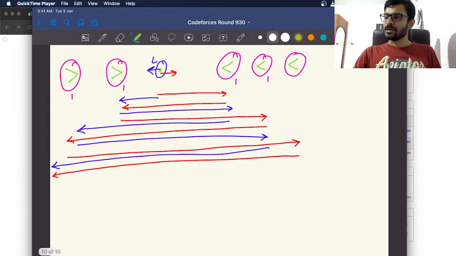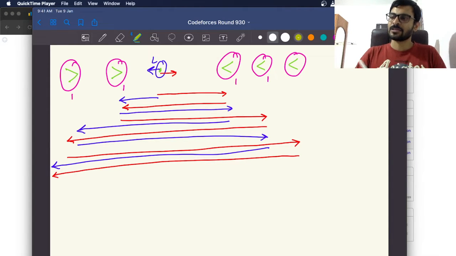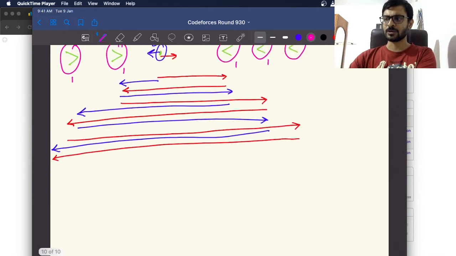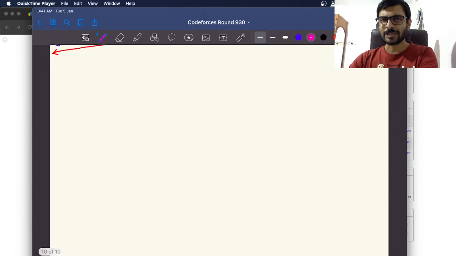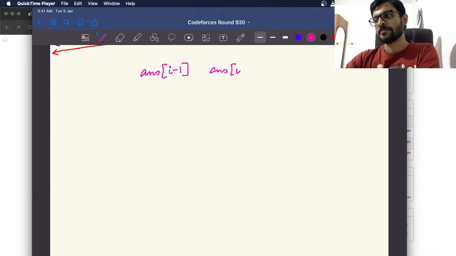Now here, the reason I could not do it during the contest was that I thought in a certain, I would say classical or common way. Up to here it was sort of clear to me. But then how to calculate it in the last 10 minutes, this was the way I thought: if I know the answer of I minus 1, can I find the answer of I? From here, can I find out this answer?